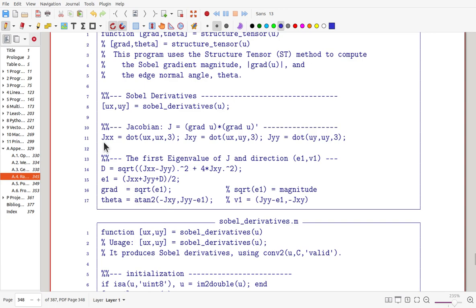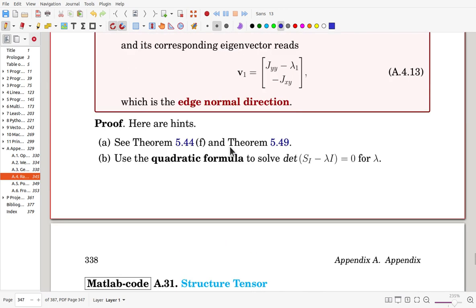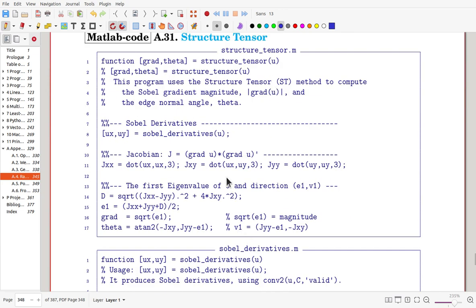So there's a JXX, exactly the same notation as in this derivation. Now UX, UY, third direction dot product, and JYY is UY, UY, now third direction dot product.